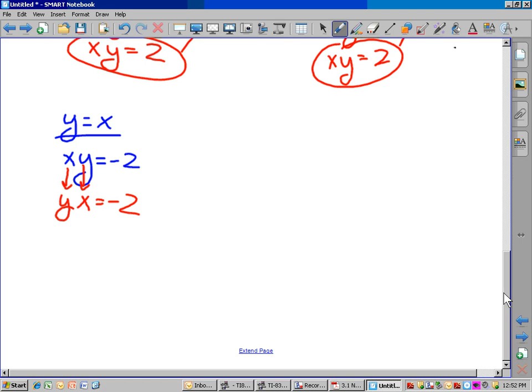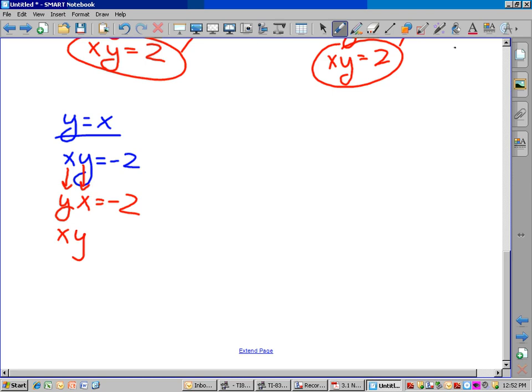If we had a different function, say like x squared plus y equals 2, if x became y, and y became x, that would be very different. Okay, so that's exactly what we're doing here. But because of algebra, we're allowed to switch these, right?